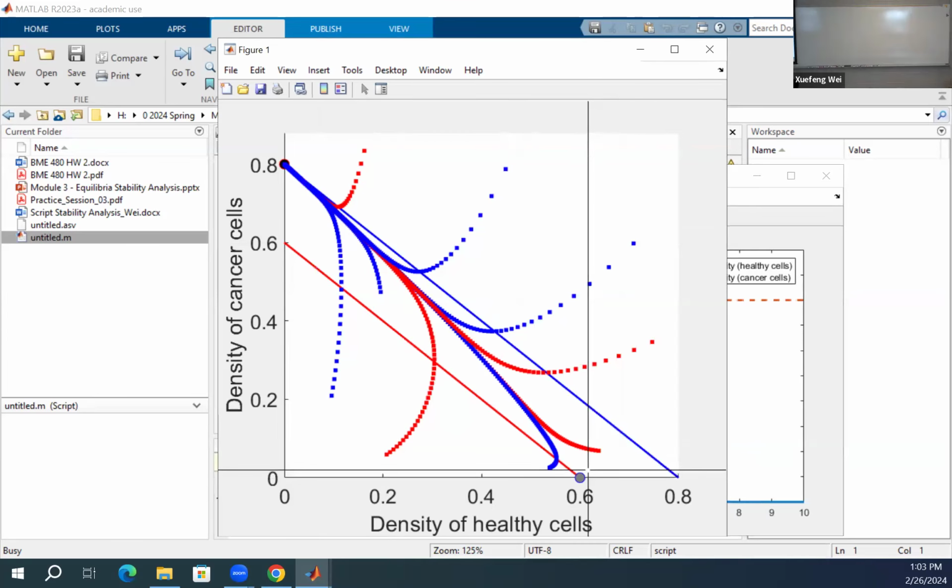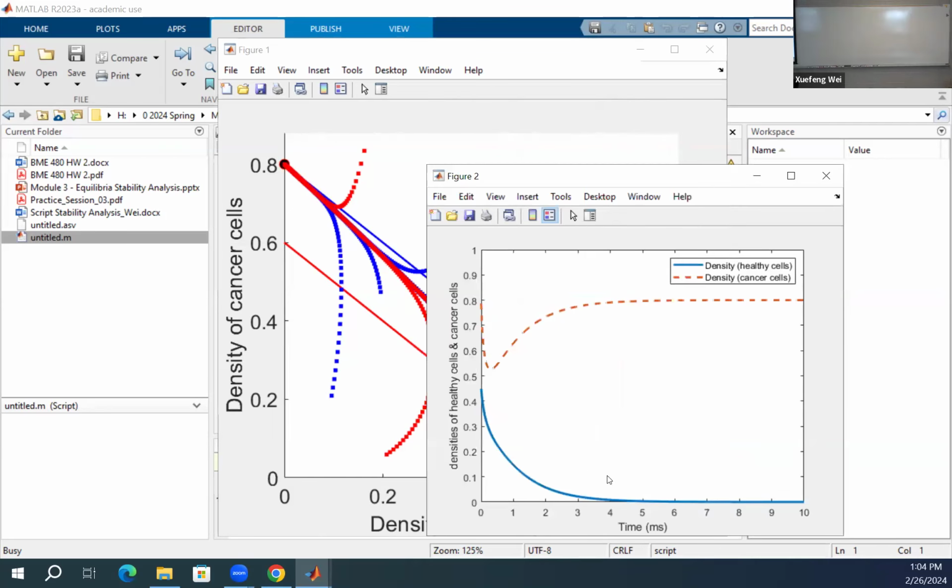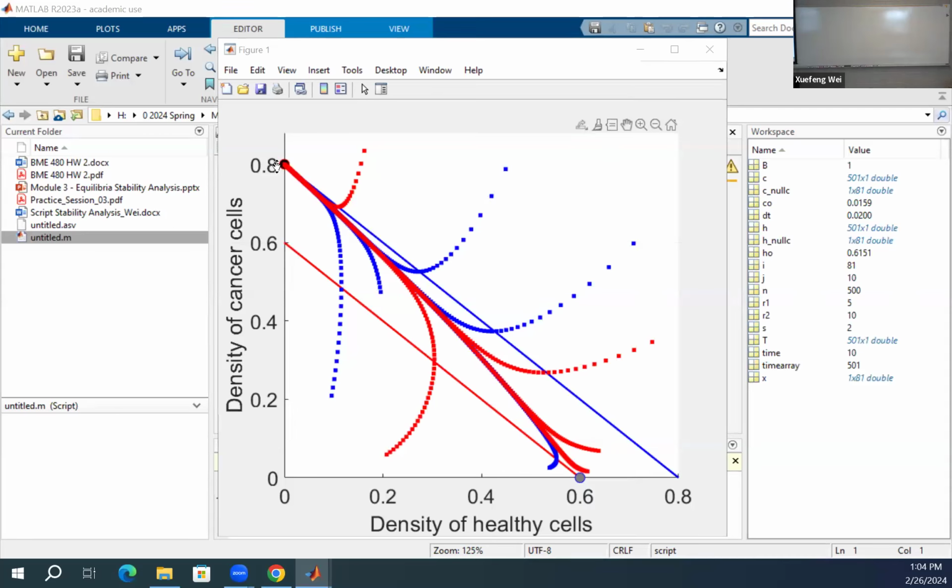Even if you're super close to this remission state, it will still attract to this cancer wins scenario because that's a stable equilibrium. Okay, so you can see you always go down. This is an unstable equilibrium. Unless you're right at this point. Even if you're a little bit away, provide a little bit of perturbation, and you always move away from that point.